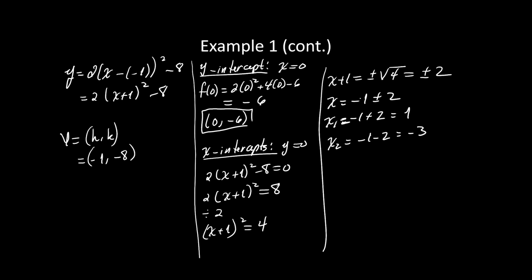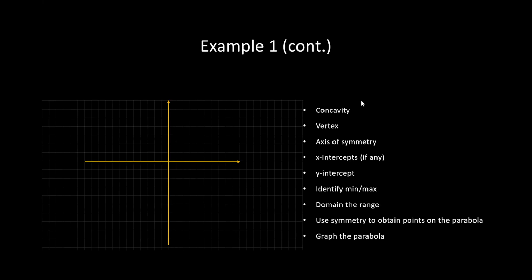We have to add it to the negative 1. So I have two x-intercepts, and they are (1, 0) and (negative 3, 0). So we got the x-intercepts, we got the y-intercept. Now we can answer everything about the parabola. Okay? So let's see what we can answer.